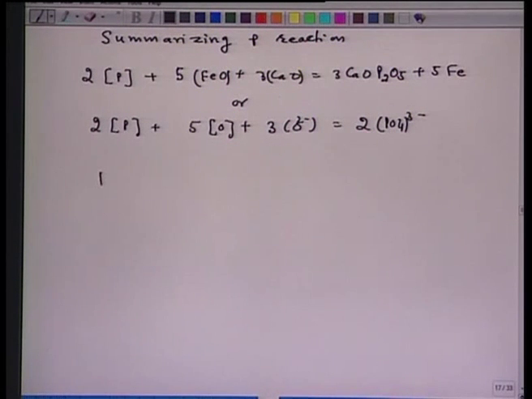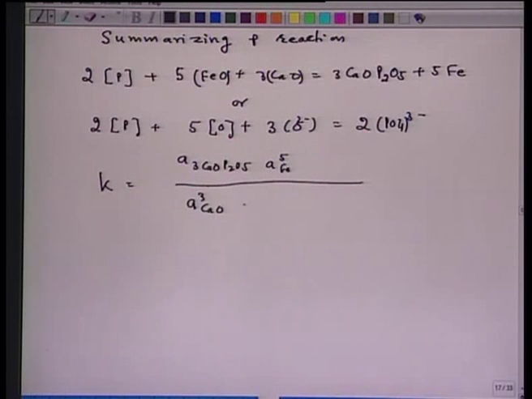If I write down the value of K, K will be equal to activity of 3CaO.P2O5 plus activity of iron to the power 5, upon activity cube of calcium oxide, upon activity 5 FeO, upon activity square of phosphorus. Now, this is in the slag, this is in the metal, this is in the slag, this is in the metal, and this is in the slag.